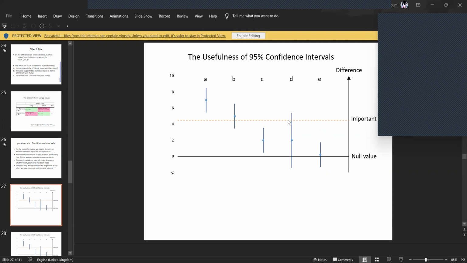And so what we can say is that there is a chance that treatment D is of clinical importance, or we might want to look into treatment D a little bit more just to make sure. Now for treatment E, it's crossing the null value and it's closer to the null value than the line for clinical importance. So we can definitely say that treatment E is completely worthless, don't use it.